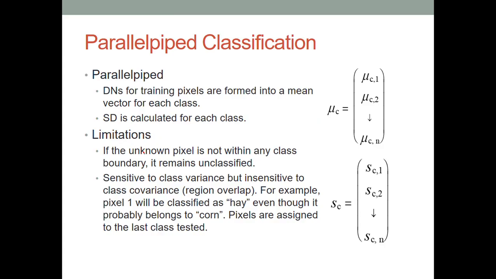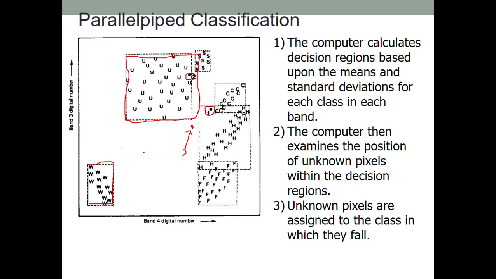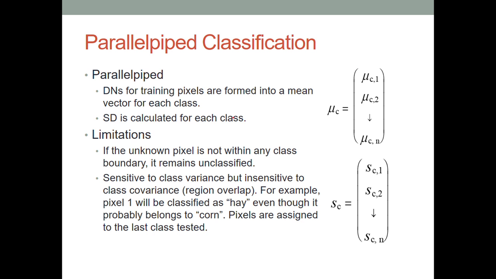It is also quite sensitive to class variance, but insensitive to class covariance, where we have regions that overlap. For example, here, pixel number 1 could be corn, but because of the overlap in this region, it might fall into the latter class, which is A. Therefore, pixels are assigned to the last class tested.